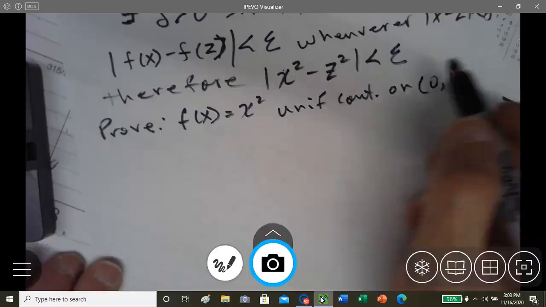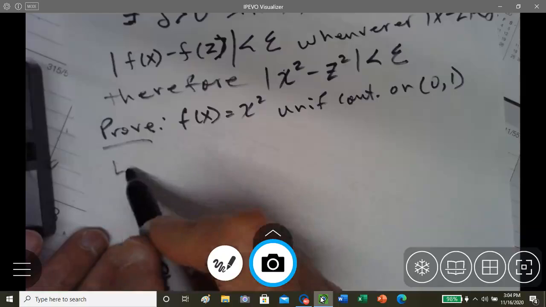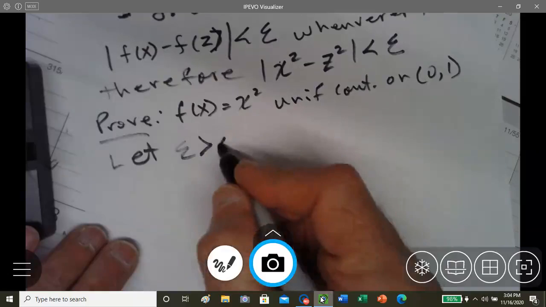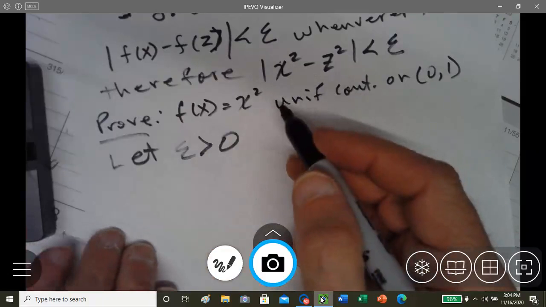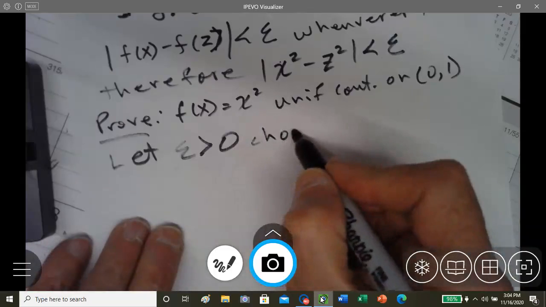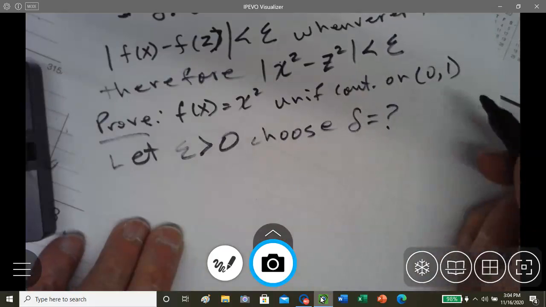So in our proof, we're saying let epsilon be greater than 0. But we have to choose a delta. Well, we don't know what that delta is.